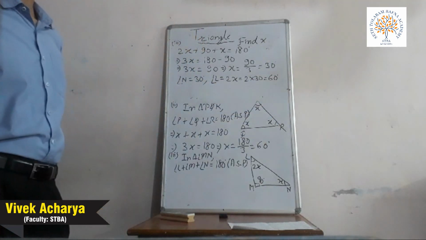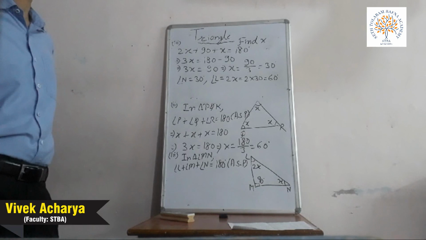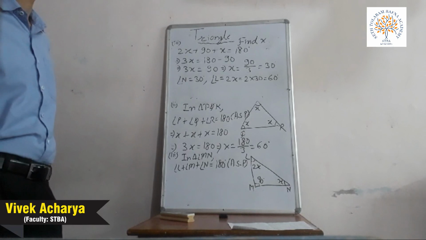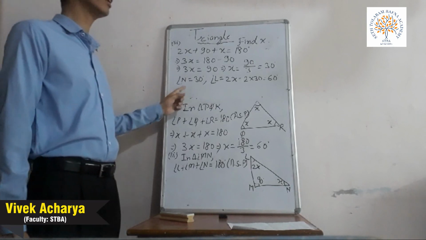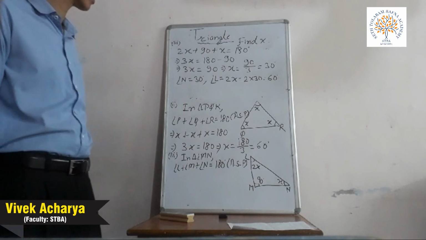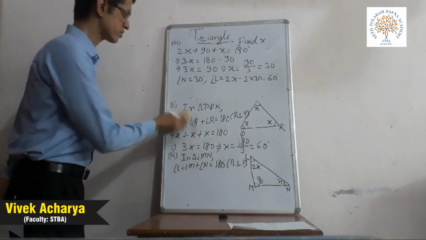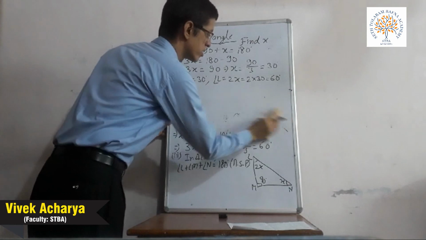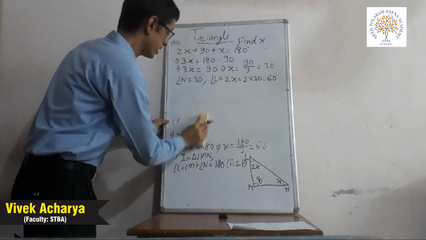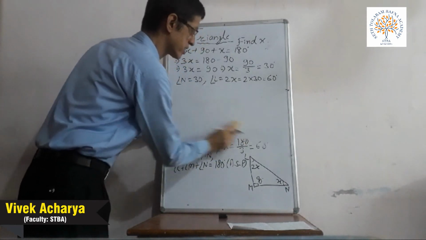So by using the angle sum property, children, as you can see, we get the angle L and angle N here. Now, we are going to use the exterior angle property, children.